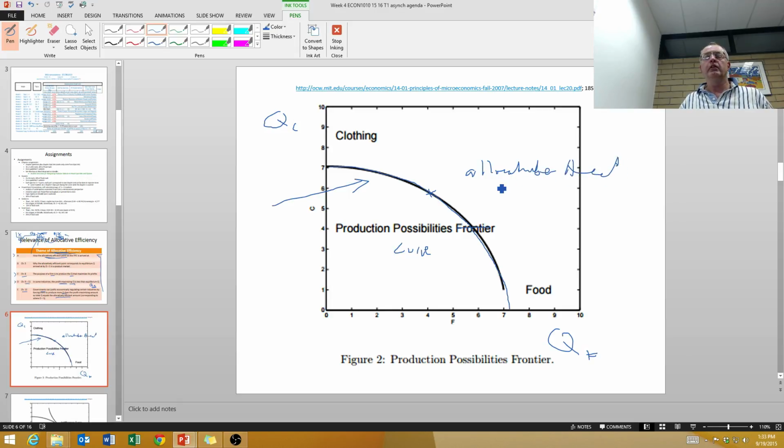And that represents society's preference. Of all these possible points, there's only one that society prefers most of all. How does society get to that point rather than another one?